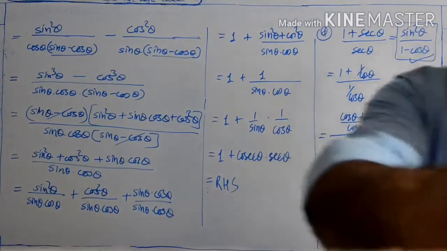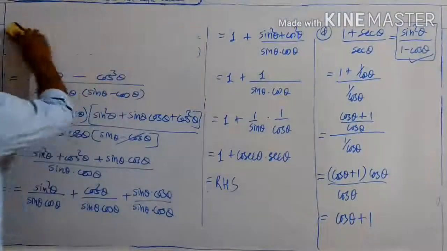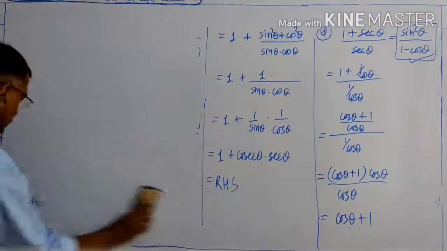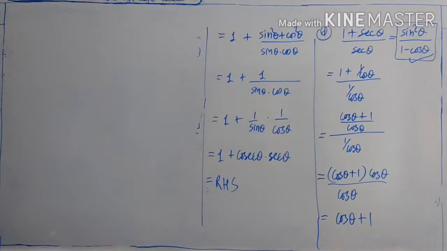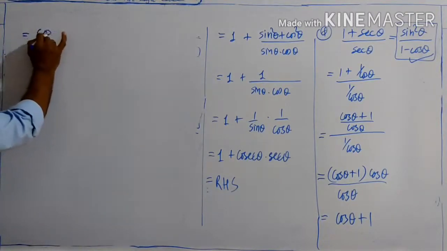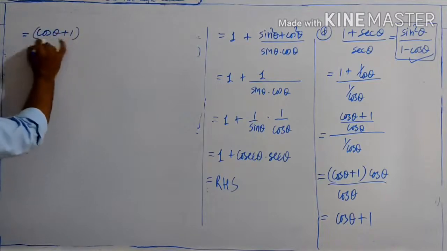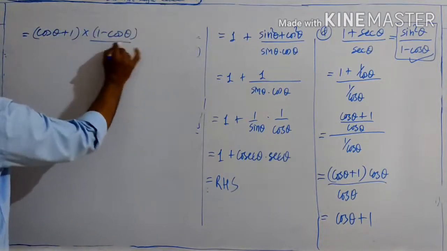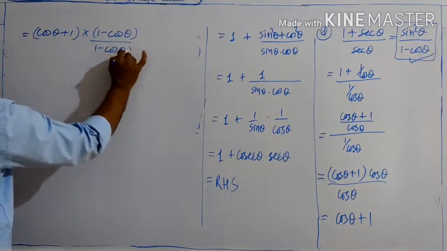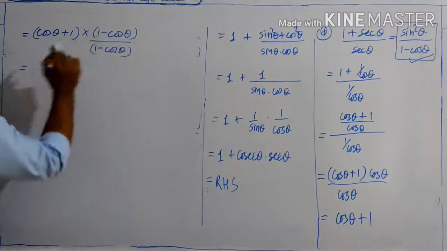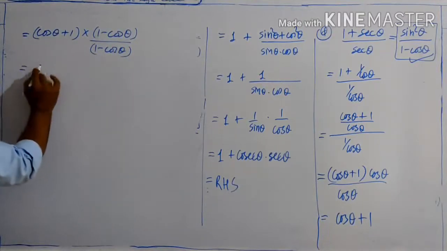So let's proceed. So here we can have cos theta plus 1 multiplied by 1 minus cos theta divided by 1 minus cos theta. Here arranging 1 plus cos theta, and 1 minus cos theta, we use the identity a square minus b square.